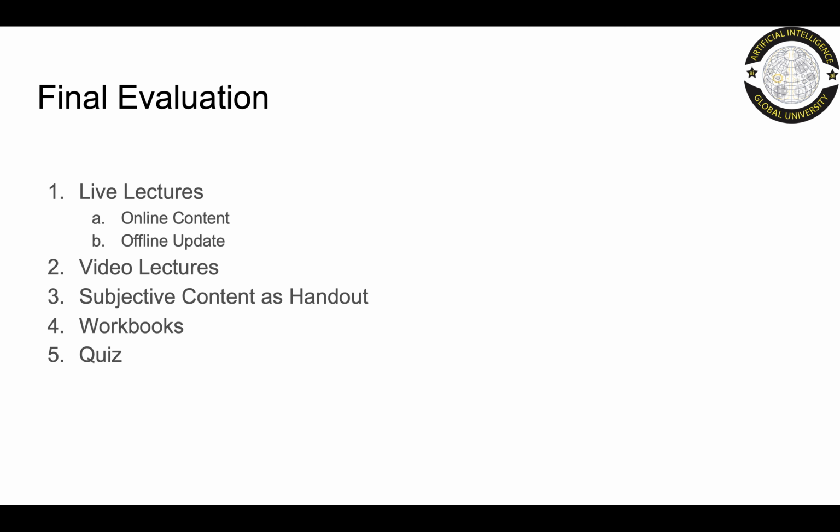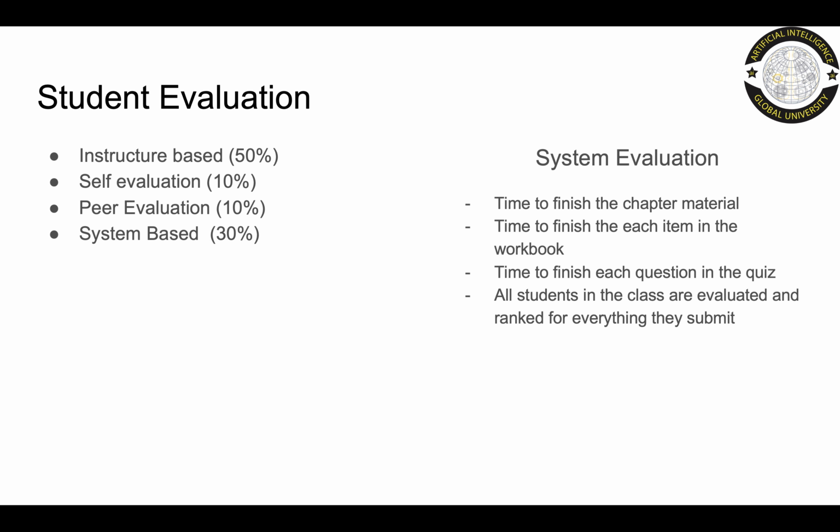The final evaluation in our course covers the live lecture, video lectures, handouts, workbooks, and quizzes. For student evaluation, as you see, the instructor-based share is about 50%, and self-evaluation is 10%. Between system and peer we take 10 or 30, and sometimes peer is 15 and system is 25.